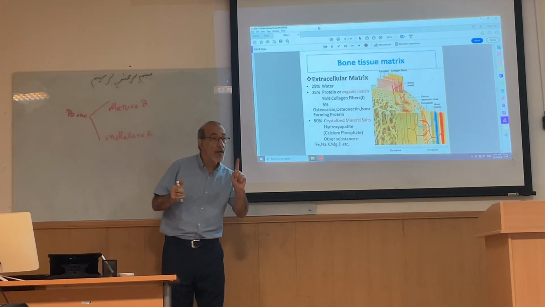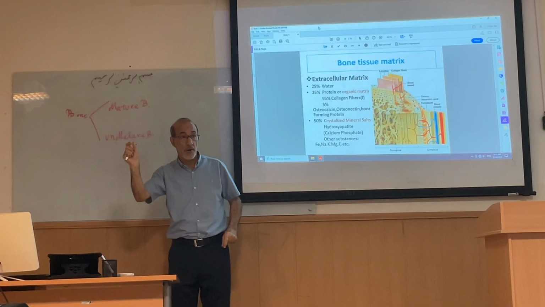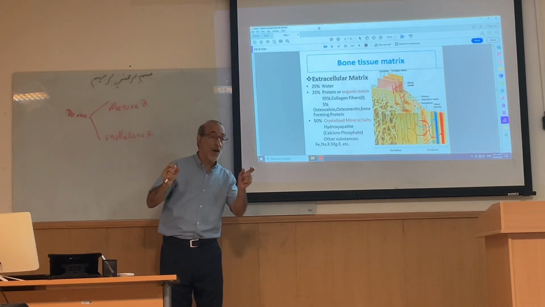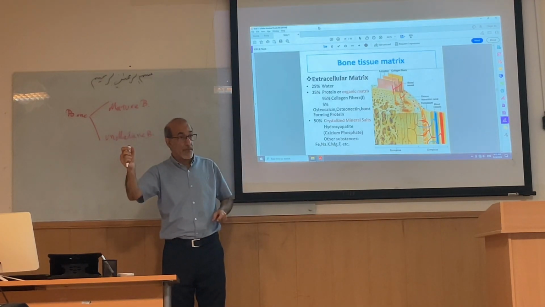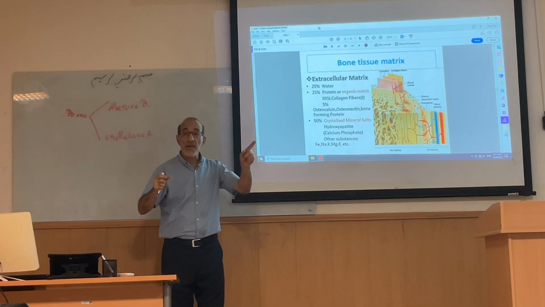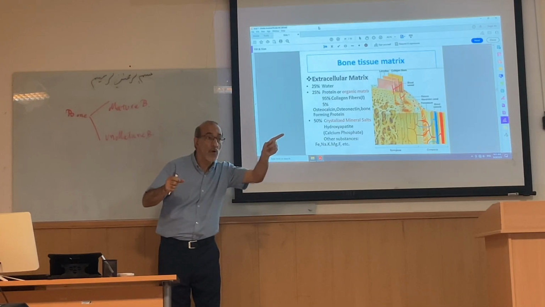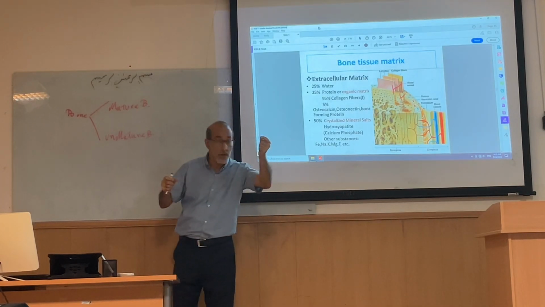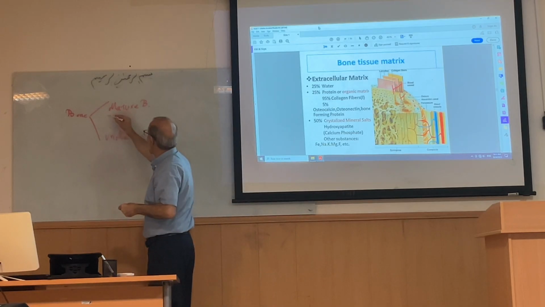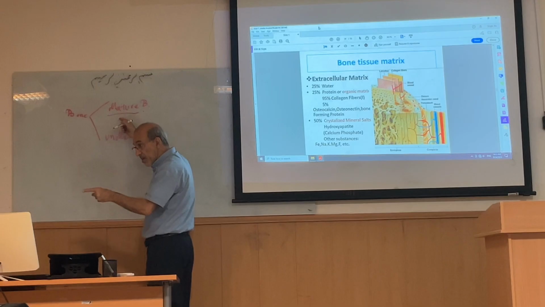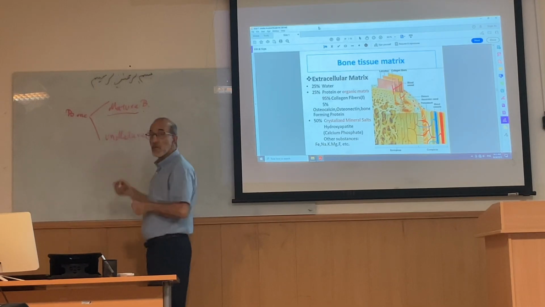If a bone is formed with a Haversian system, it is a mature bone. A bone that consists of a Haversian system is named mature bone.